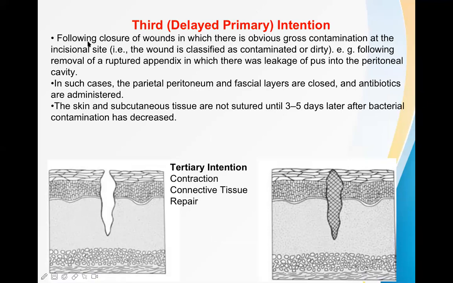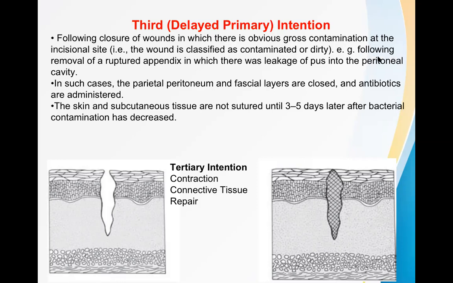So it can occur following the closure of a wound in which there is obvious gross contamination at the incisional site. And remember the different classification of the surgical wound. We call it clean wound, clean contaminated wound, or dirty wound. So if the surgeon decides to close this wound by suture, then the healing by delayed primary intention will come back into the picture.